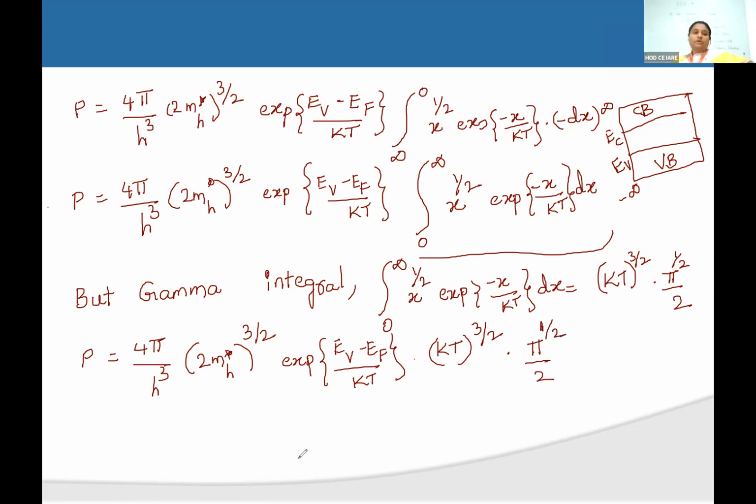So now we are going to put this equation in simplified form.